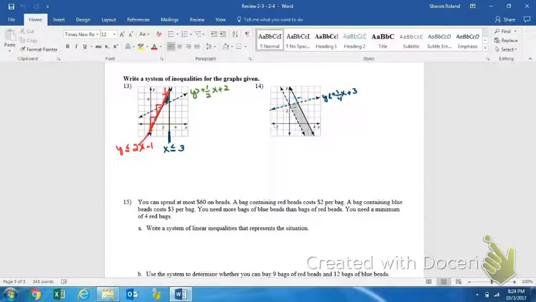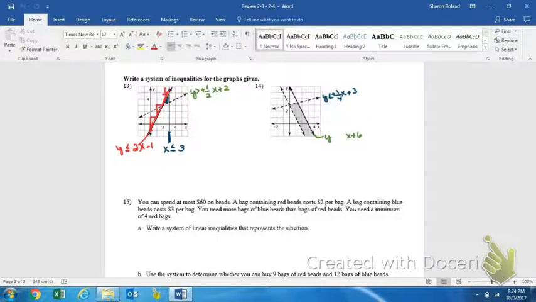I'm going to erase all the marks I put on there. The shade is less than. It's a dashed line, so it doesn't have anything under there. All right, the next one is the green one. You begin at the y-intercept every time. This y-intercept is at 6.